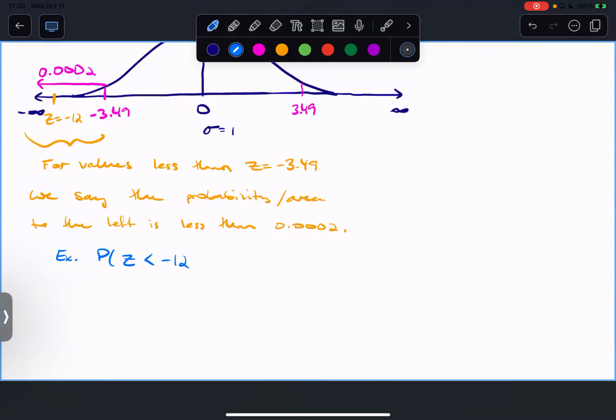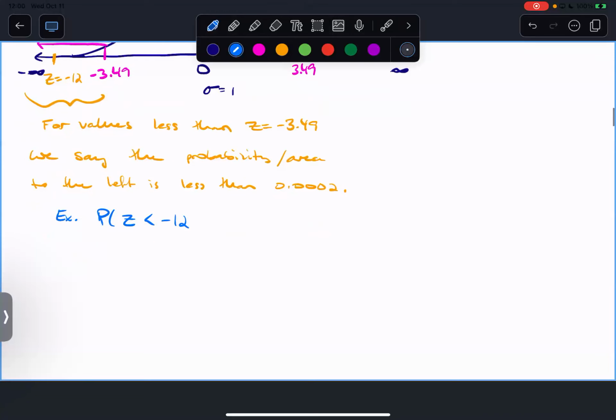Uh-oh. I thought we were done with probabilities. Well, we are and we aren't. Probability notation we're going to keep using. The probability that Z is, you can do less than or equal to negative 12. Can it be equal to negative 12? No, it can't, right? Because it has to be on some sort of width, right?